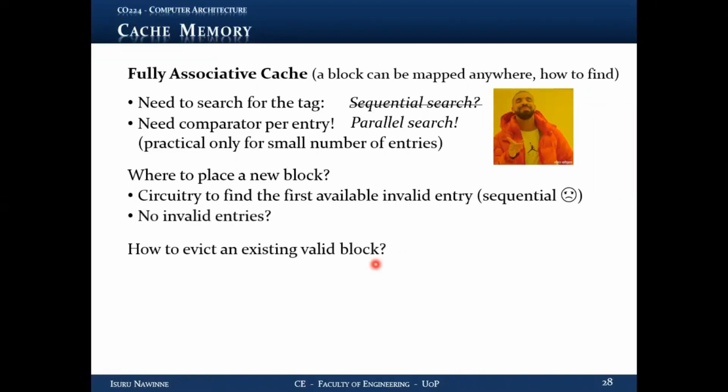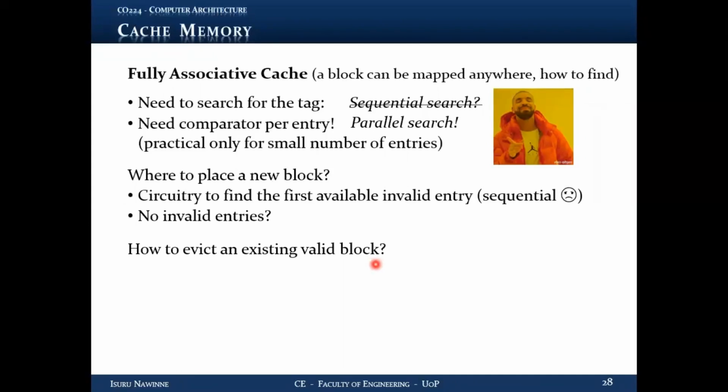What happens if there are no invalid entries? If all the entries in the cache are valid, then we have to throw something out of the cache. Earlier in the direct map version, there is a particular cache location for every memory block. If there is something already there, you have to evict it, and then the write back and write through policies come in.